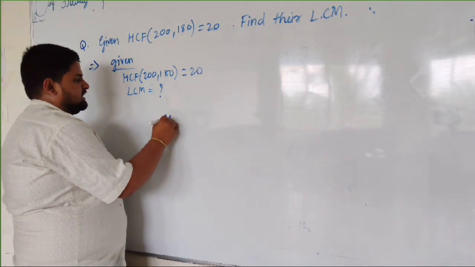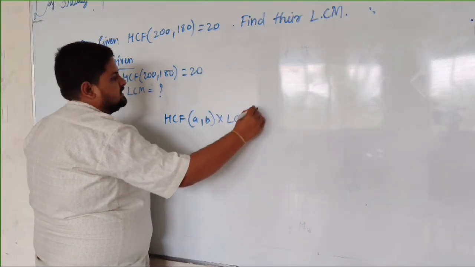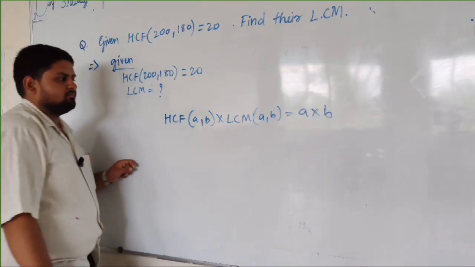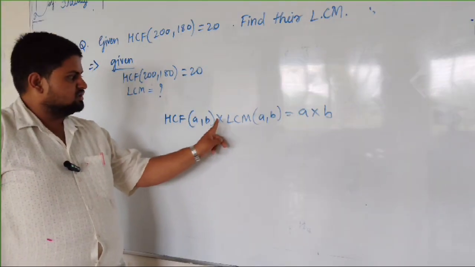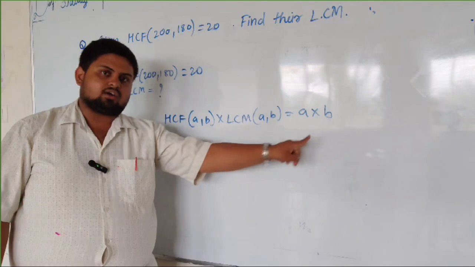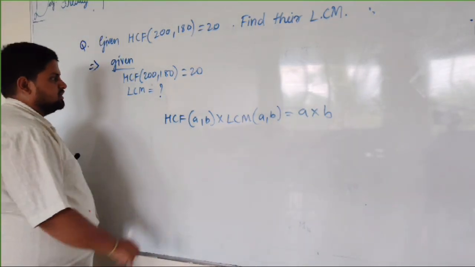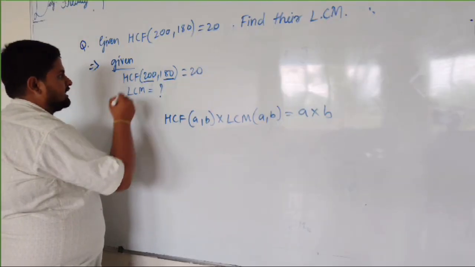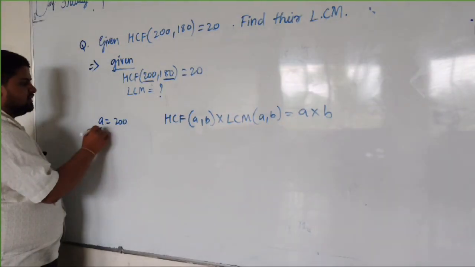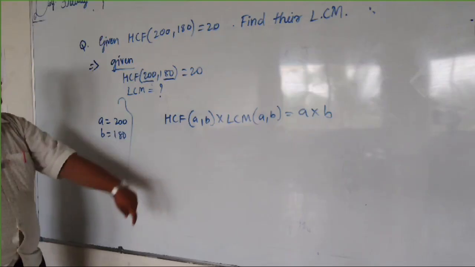HCF of A comma B multiplied by LCM of A comma B is equal to the product of A and B. So HCF of any two numbers multiplied by LCM of those two numbers will be equal to the product of those two numbers. Here A is equal to 200, B is equal to 180.